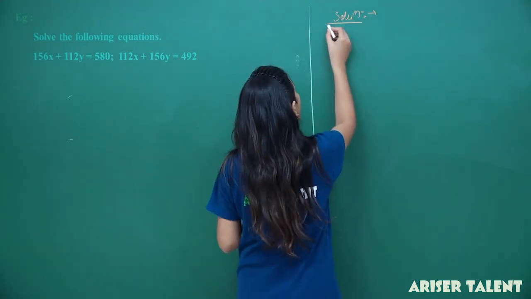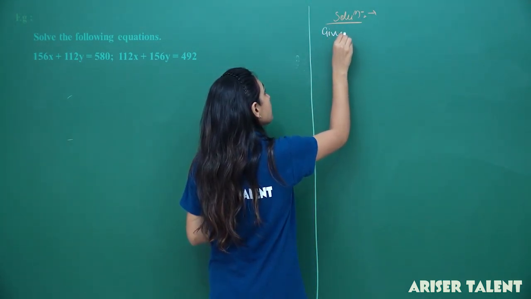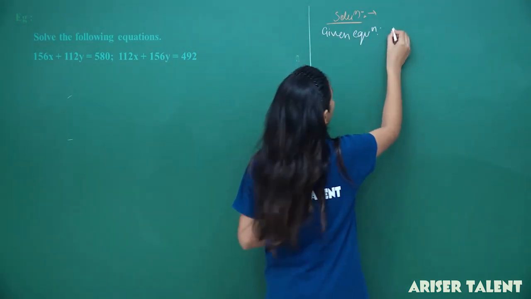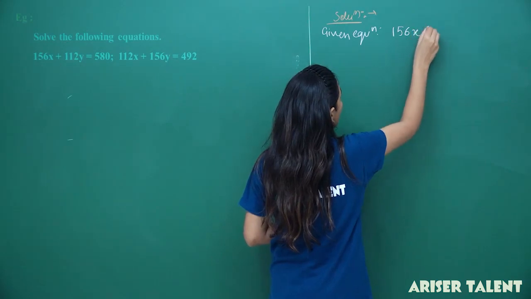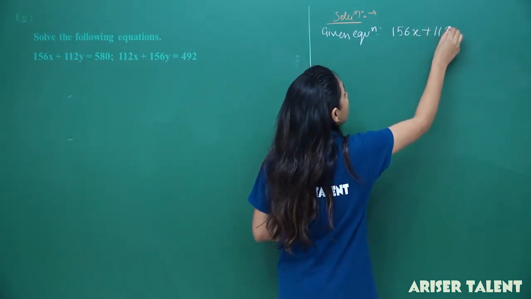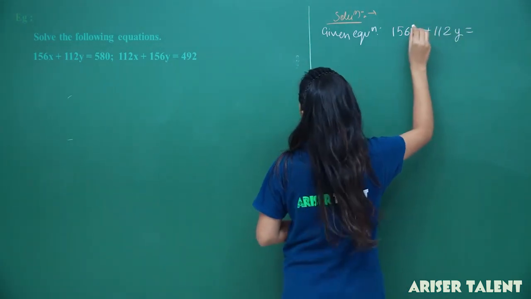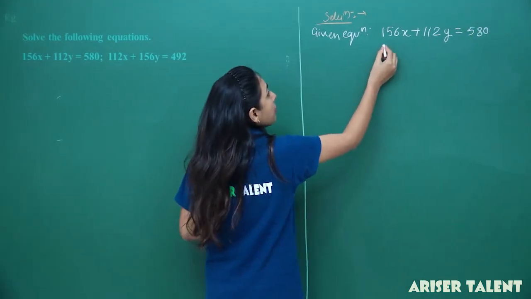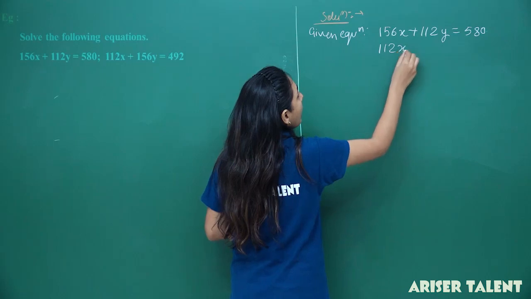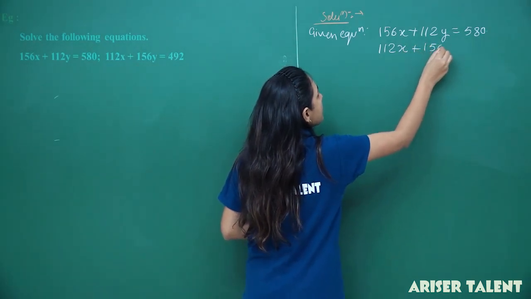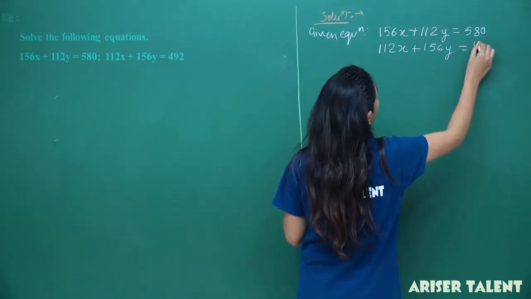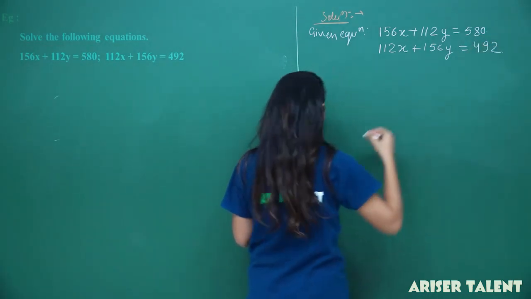So now the given equations are: 156x plus 112y equals 580 and 112x plus 156y equals 492. These are the two equations.